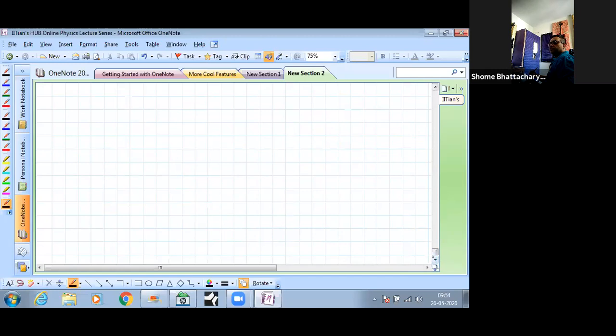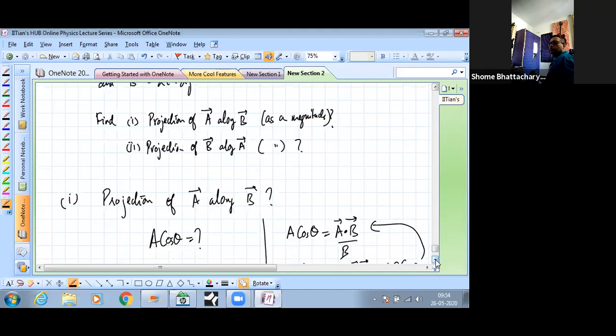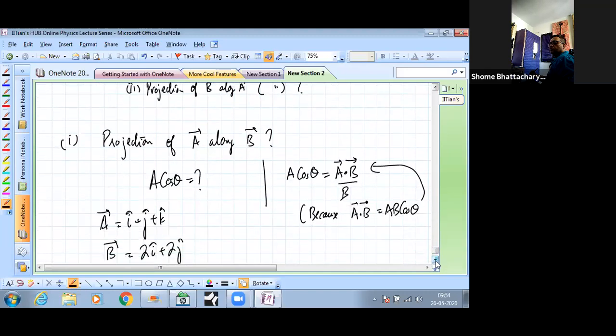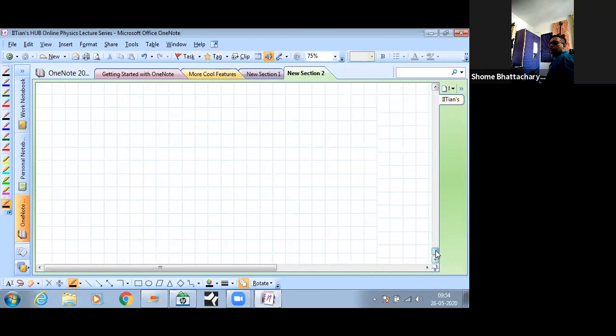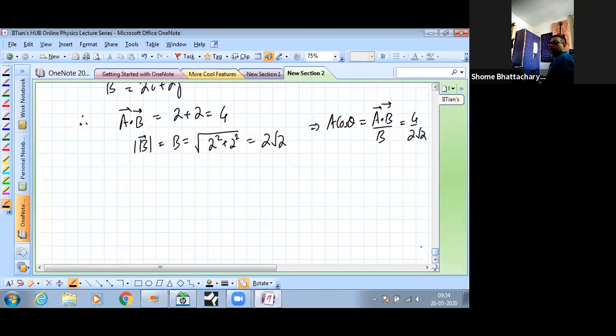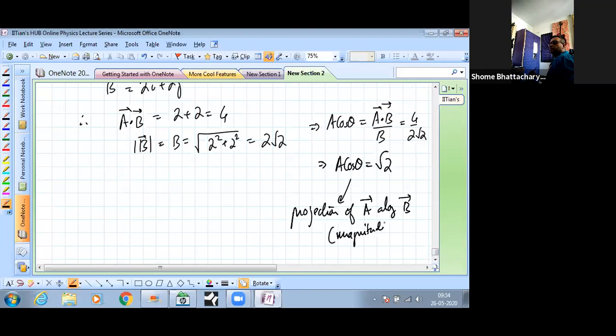So the answer is directly root 2. So this is the projection of the vector A along the vector B, but just in terms of magnitude. In a moment we'll also see how to calculate it as a vector quantity.